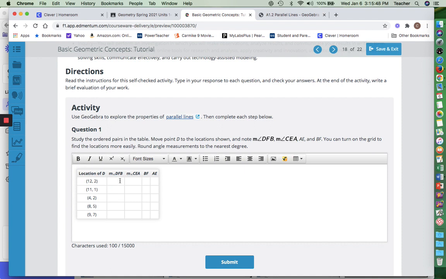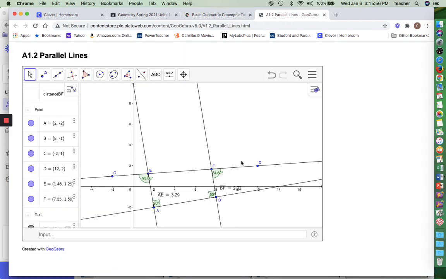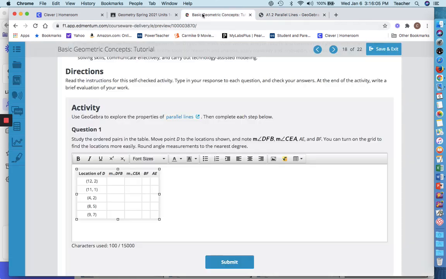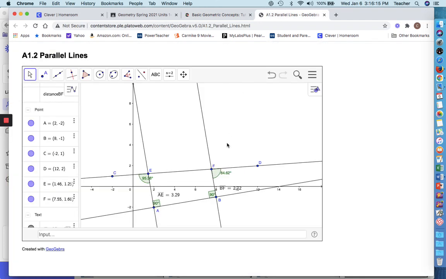Now let's see what I have to find here. If I'm looking for angles, I have to look at the letter in the middle. DFB. There's D, there's F, there's B. So it looks like it's 84.62. Now this time I want angle E because that's the letter in the middle. CEA.